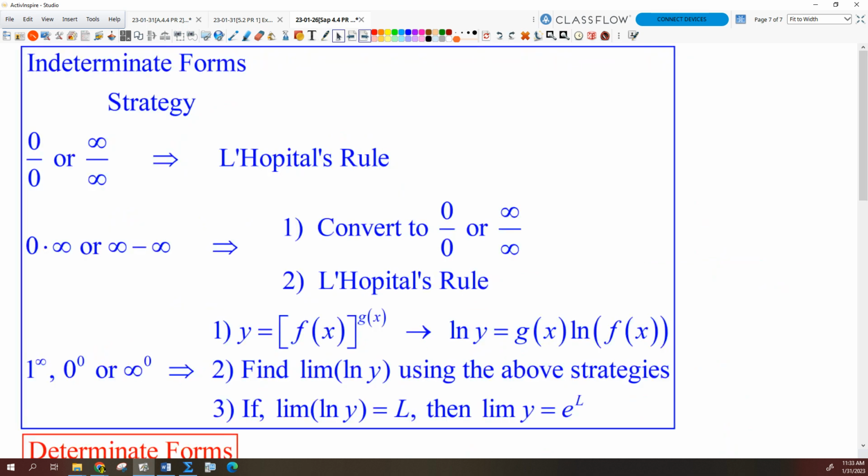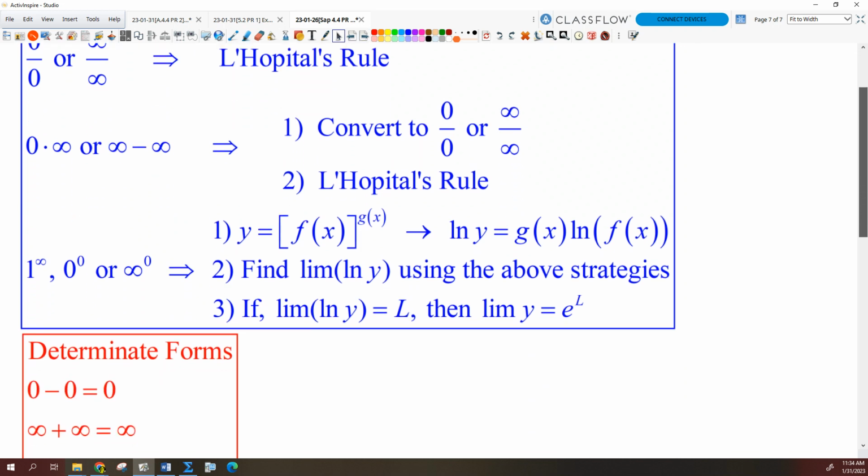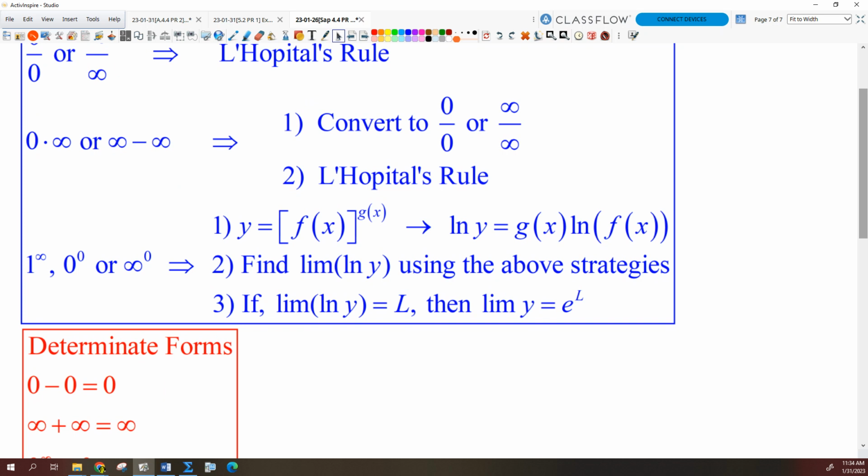Okay, and then here's a quick summary of the strategies, right? So indeterminate forms. If we have 0 over 0 or infinity over infinity, the strategy is just L'Hopital's rule, very straightforward, okay? If we have 0 times infinity or infinity minus infinity, those are the situations where we've got two steps.